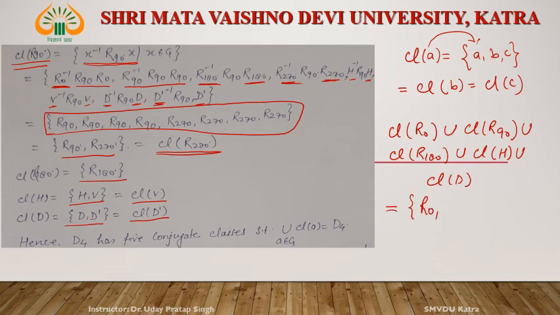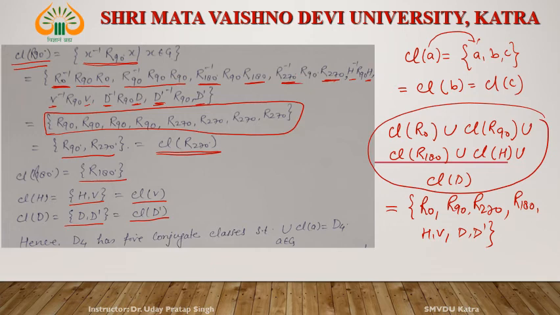What is CL R90? R90 and R270. What is CL R180? R180. What is CL H? H and V. What is CL D? D and D dash. Right? All these unions together are nothing but D4. This is the perfect example of a partition.